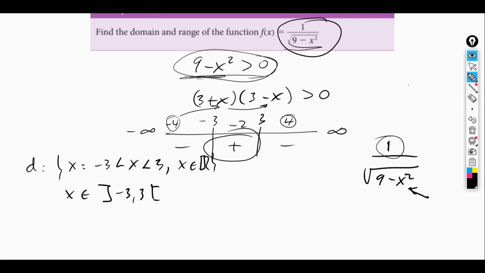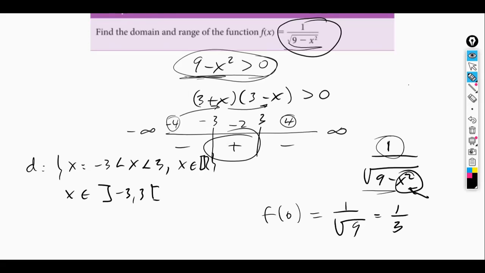So when is this the largest? Well, when x equals 0. So what happens when x equals 0? Let's test it. What is f of 0? f of 0 is 1 over square root of 9 minus 0, so just square root of 9. In other words, 1/3. That would be the lowest value. Anything else in the interval between -3 and 3 will be larger than that.